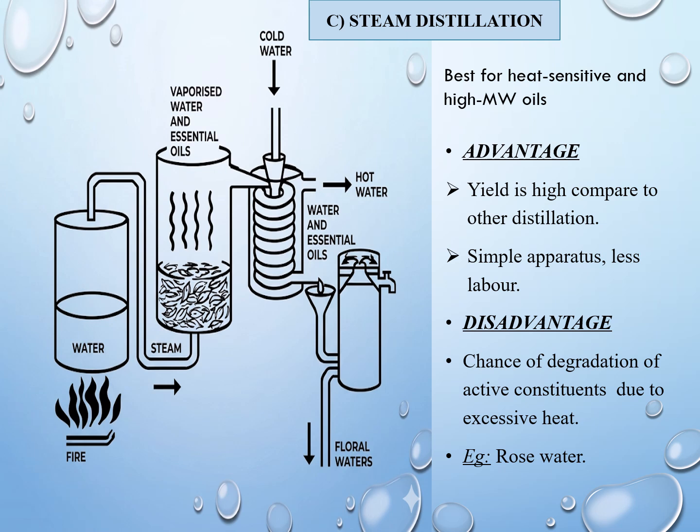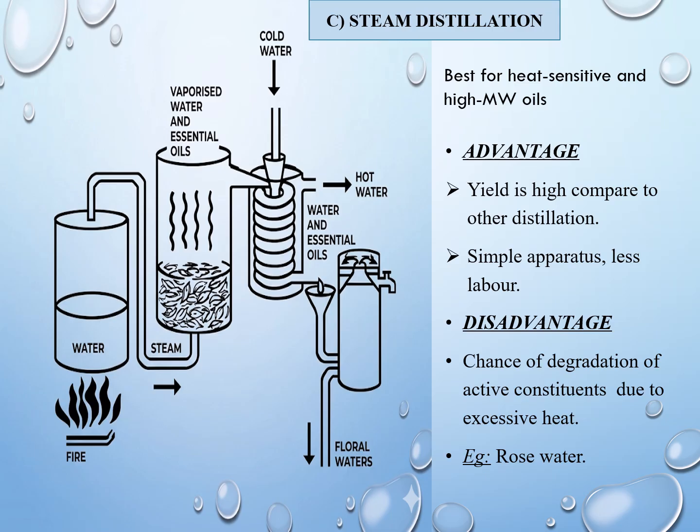The volatile oil, which is highly vaporizable in nature, will get vaporized, and this steam will carry the volatile oil vapor, and it will pass to the condenser. And what is the function of the condenser? It condenses the vapor into liquid form.